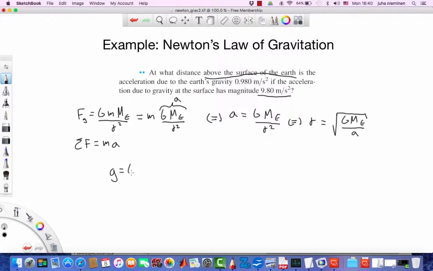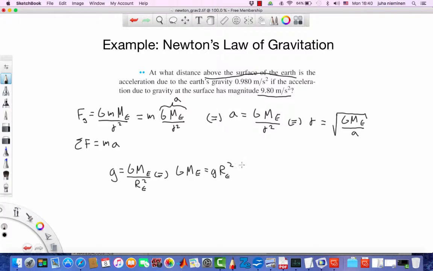So g is G times M_e divided by the distance from the center of the Earth to the surface, which is just the radius of Earth squared. And hence we get a value for G times M_e, which is g times R_e squared.